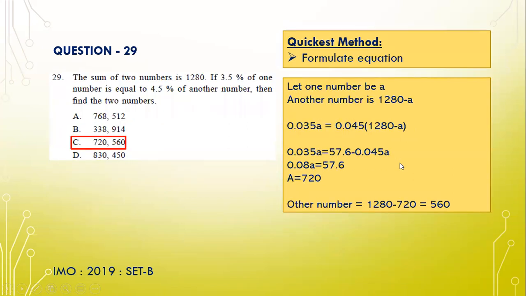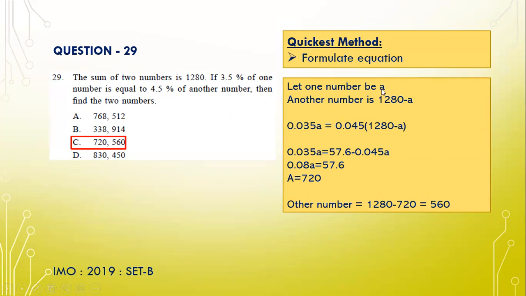Sum of two numbers is 1280. If 3.5% of one number is equal to 4.5% of another number, then find the two numbers. So let the number be A and sum is 1280. So another number will be 1280 minus A, isn't it? 3.5% of the number is equal to 4.5% of another number.